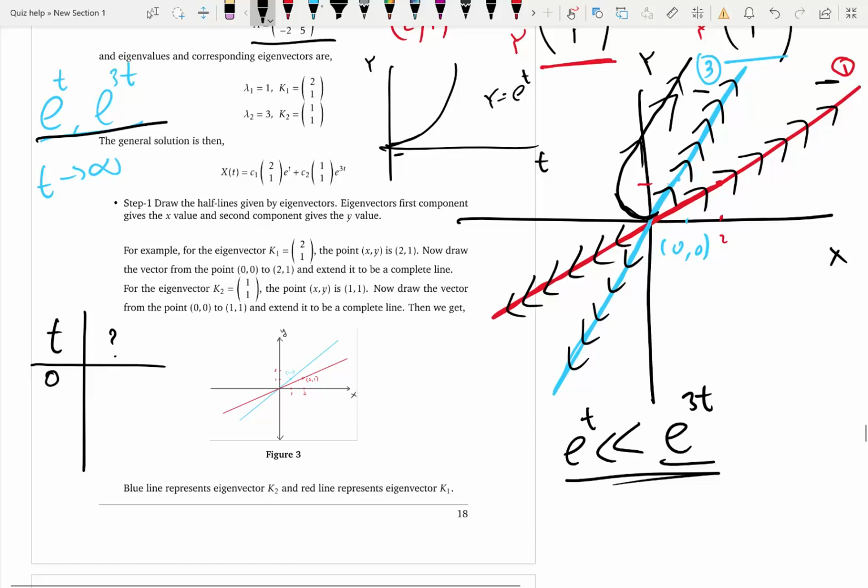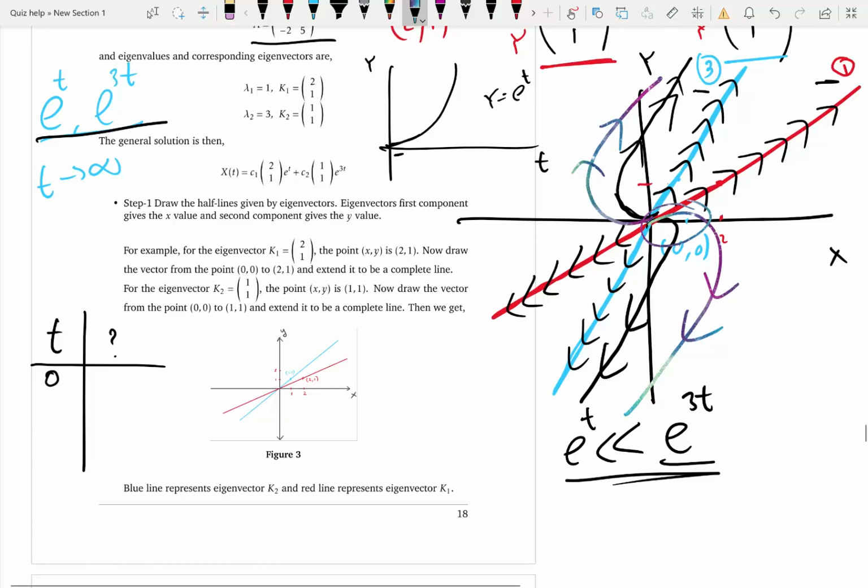Below as well, you start from (0, 0) and go parallel to the blue line, because the blue half line corresponds to eigenvalue 3, the dominant eigenvalue. The rest of the trajectories will look like this. When t is large, they go parallel to the dominant eigenvector, while in the start they behave very much the same.